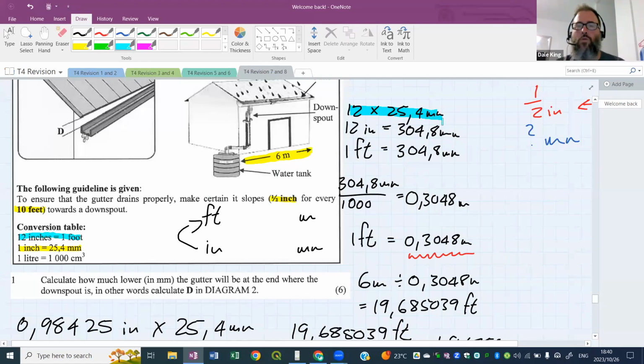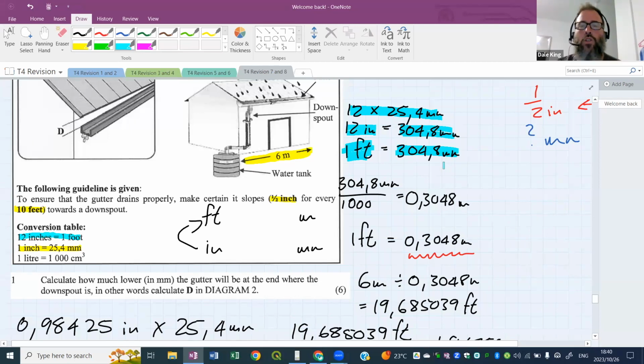So 12 times 25.4. That means that 12 inches is equal to 304.8 millimeters. That's more useful to me because now I have a 1 foot to a number of millimeters conversion. I'm getting close there now. Now, the millimeters doesn't work for me because I need to work in meters.